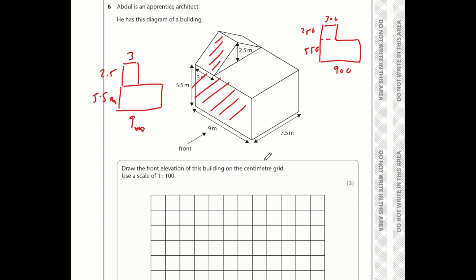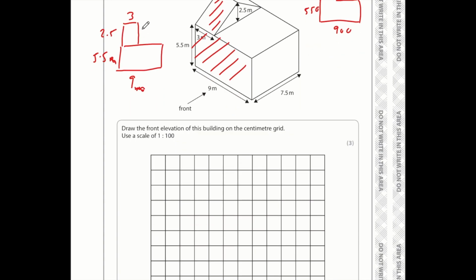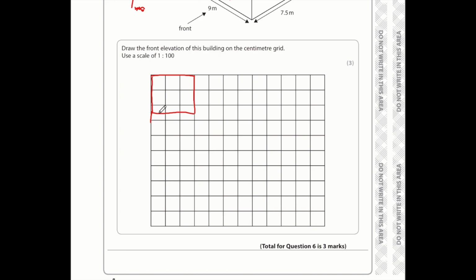So let's do the top bit. So this is 3 by 2.5, so we'll go 3 across, using a ruler would be better, 2.5, okay, and we'll just draw a line across there. Again, straight lines are really important. Now we want a further 5.5 going down, so there's my 0.5, so now I need another 5.